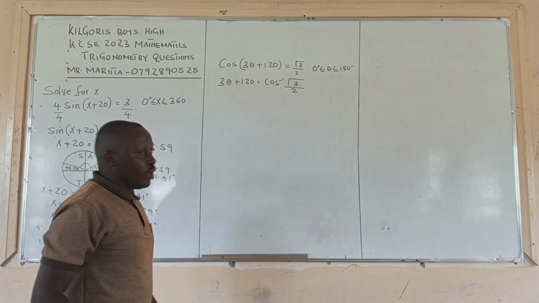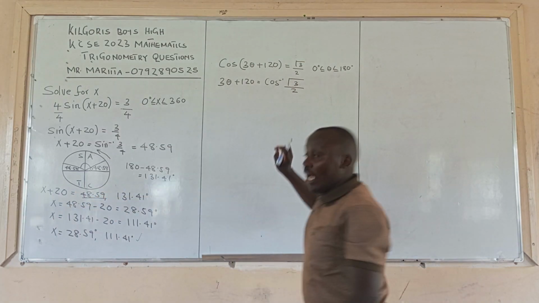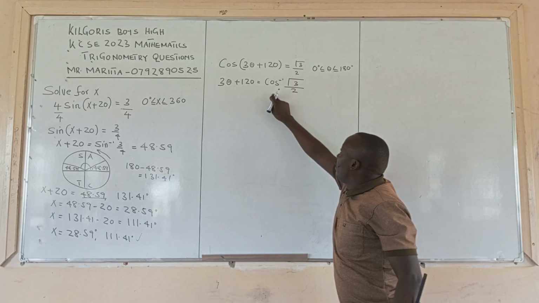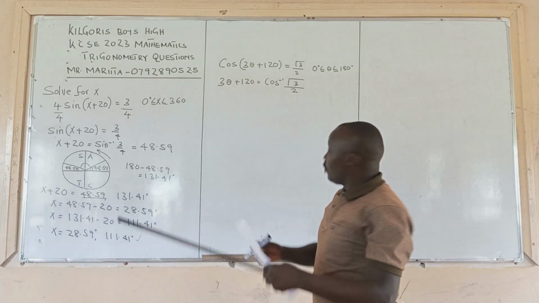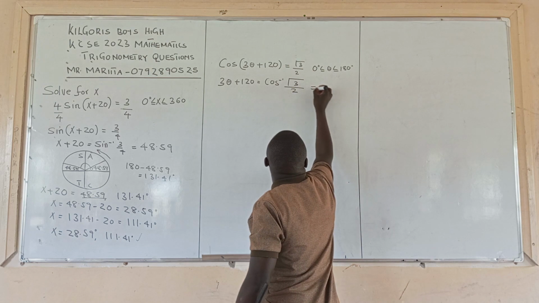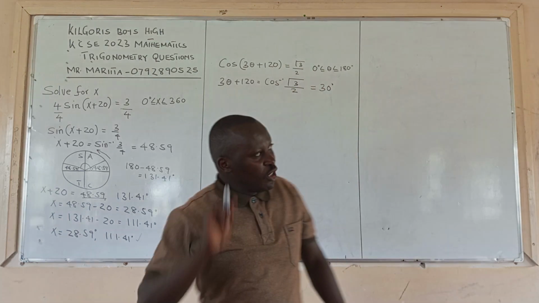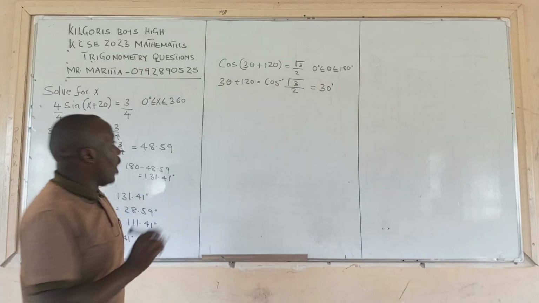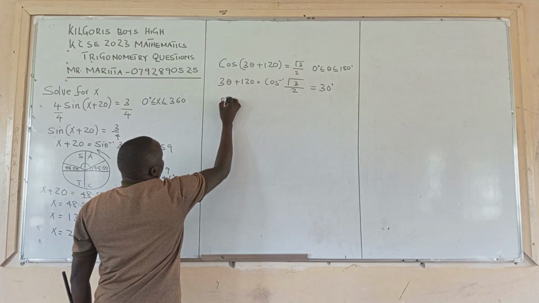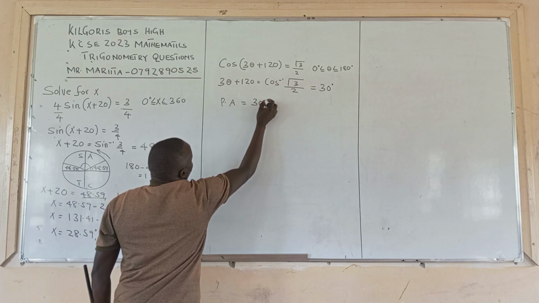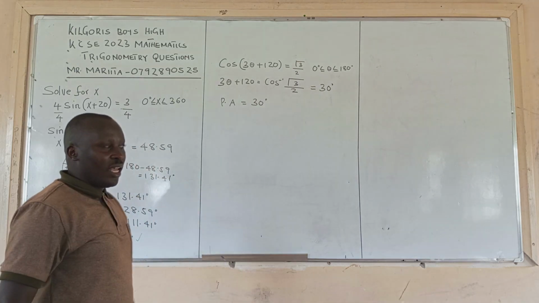You can take your calculator, find root 3 all over 2, then find the cos inverse. It will give us 30 degrees. This one we call the principal angle. So our principal angle is 30 degrees.